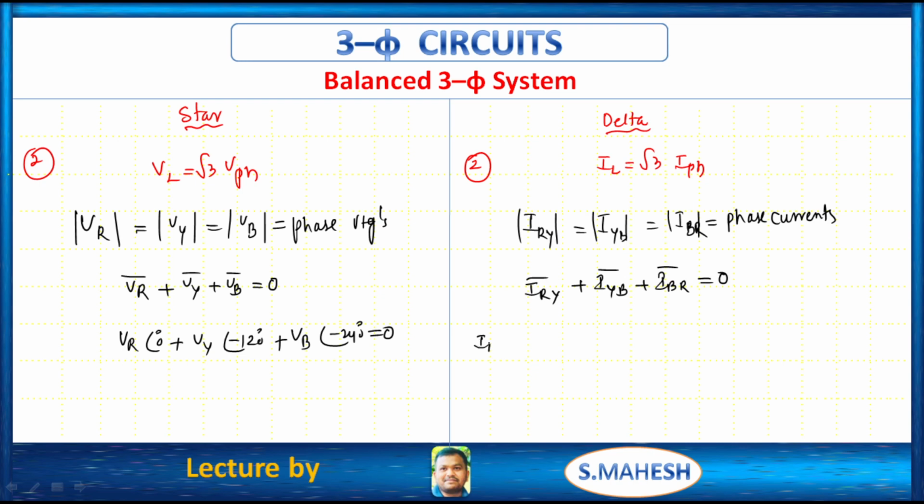That is, IRY at an angle 0 plus IYB at an angle minus 120 plus IBR at an angle minus 240, which is equal to 0. This is about phase voltage in star connection, phase currents in delta connection. Now, line voltage in star, line currents in delta.